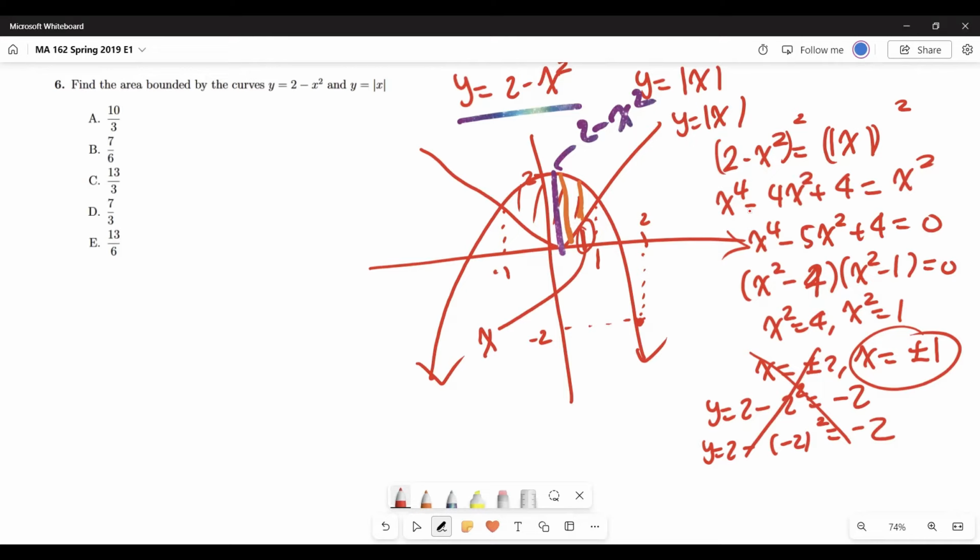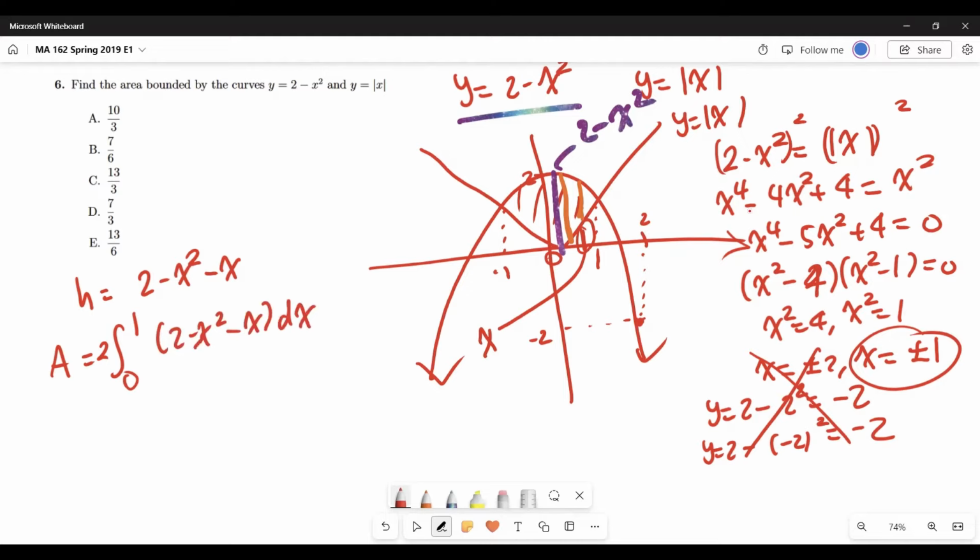So the height of this orange line becomes 2 minus x squared minus x, right? So the area of the region is 2 times the integral from 0 to 1, because 1 is our intersection point, of 2 minus x squared minus x dx, and we multiply by 2 because we originally want negative 1 to 1.